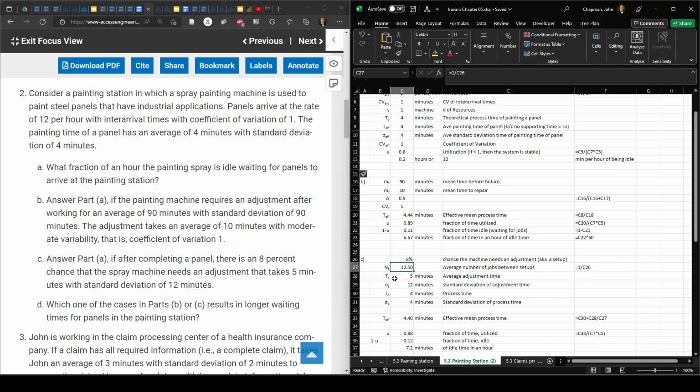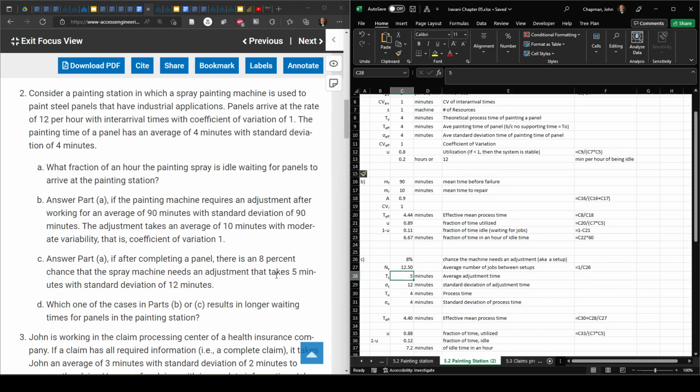We can take that percent chance and do 1 divided by 8%, and we find the number of jobs between setups. That gives us our N, 12.5 jobs on average between setups. There's a 1 in 8 chance, so 1 divided by 8% gives us 12.5 jobs between setups.